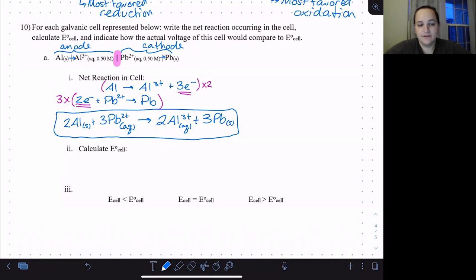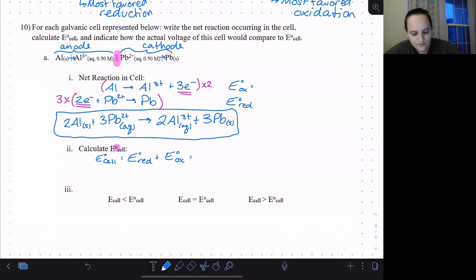So the next part asks us to calculate the standard cell potential. Remember that little degree sign, that little naught symbol, means standard. So all we're doing here to calculate our standard cell potential is finding our standard reduction potential for our reduction and adding the standard oxidation potential for our oxidation. So if we consult our list of standard reduction potentials, we can find those things.